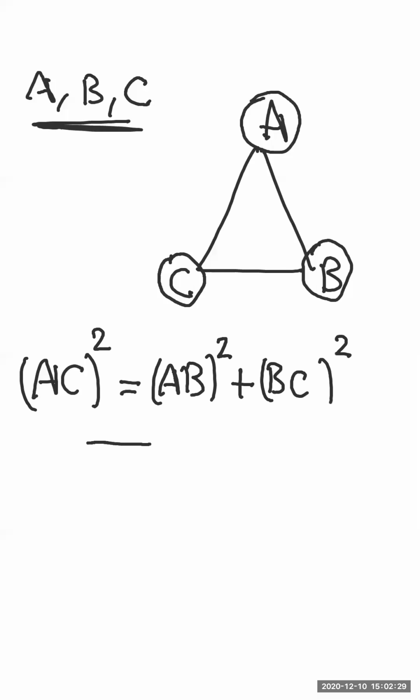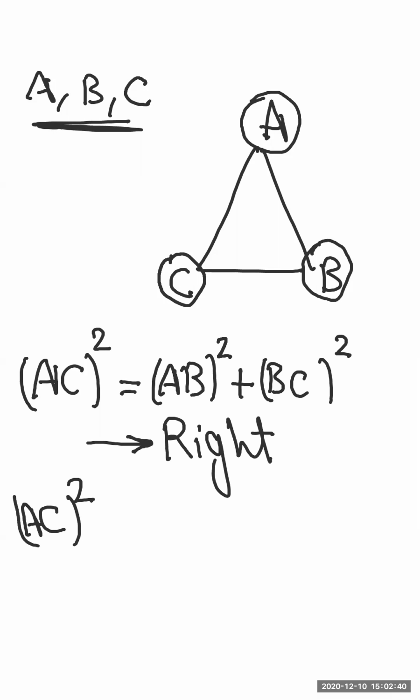So this means this triangle will be right angled. The second case, if AC squared is greater than AB squared plus BC squared.